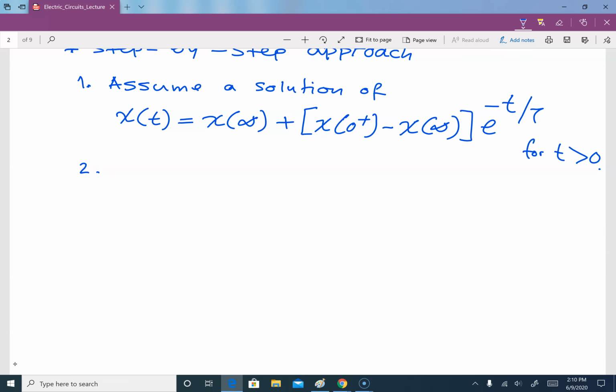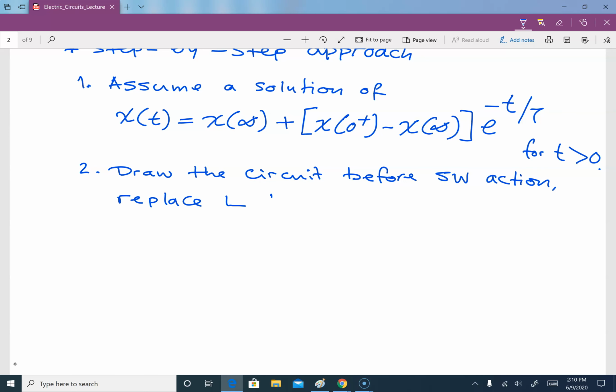Step number 2, we need to draw the circuit before switch action, replace L by a short circuit, and find IL of 0 minus.